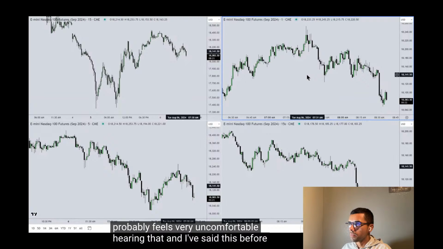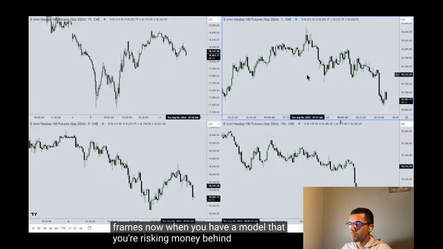I've said this before, you don't need all those time frames. When you have a model that you're risking money behind, it's important to refer to those things. But right now, the only thing you're trying to do is get familiar with reading price action and getting over that fear of missing moves and fear of not knowing.